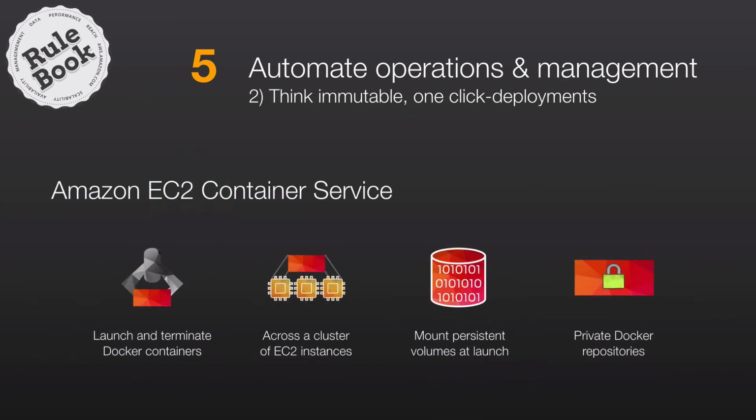And then something a little bit newer is the Amazon EC2 Container Service. So this allows you to launch and terminate applications that are running inside Docker containers across a cluster of EC2 instances. It has sophisticated features like making it possible to mount persistent volumes at launch and make use of private Docker repositories that you might populate with Docker images, once again from your CI/CD toolchain.